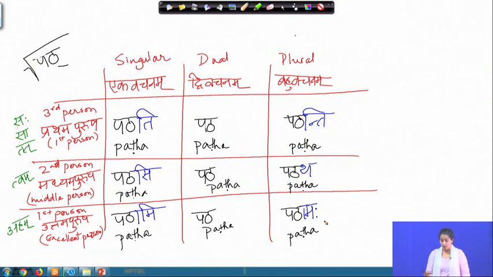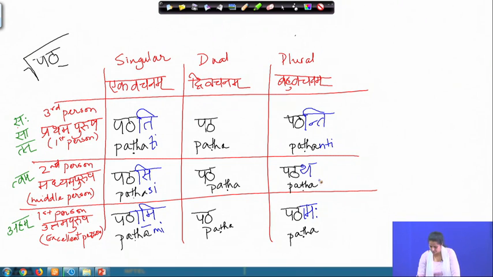Okay, and now what happens, as we have seen, is that it becomes saha pathati, tvam pathasi, aham pathami. So saha pathati becomes te pathanti.